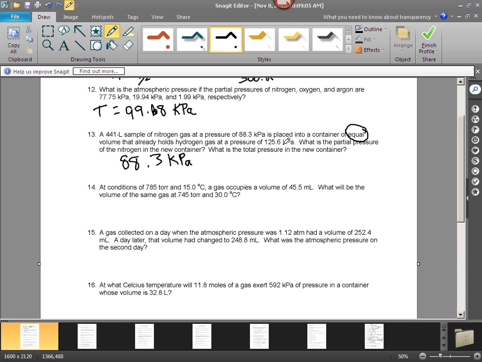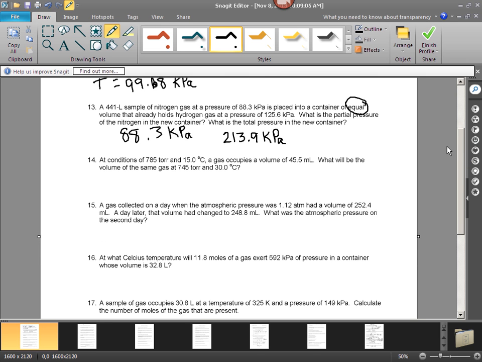So the 125.6 plus the 88.3 is 213.9. So it's a confusing sounding problem, but the concept is relatively simple. Because they're going into the same size container together, they each contribute their original pressures, and the pressure is now the 2 of them added together.